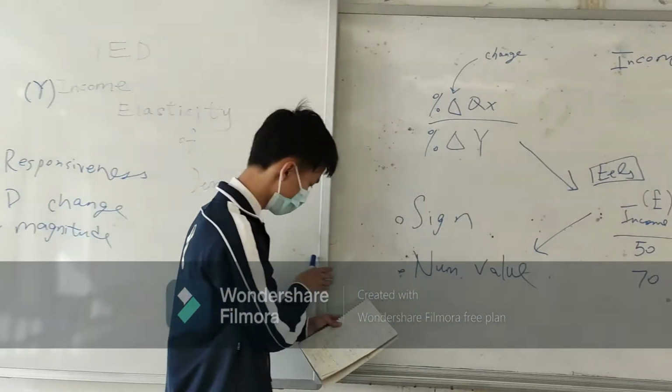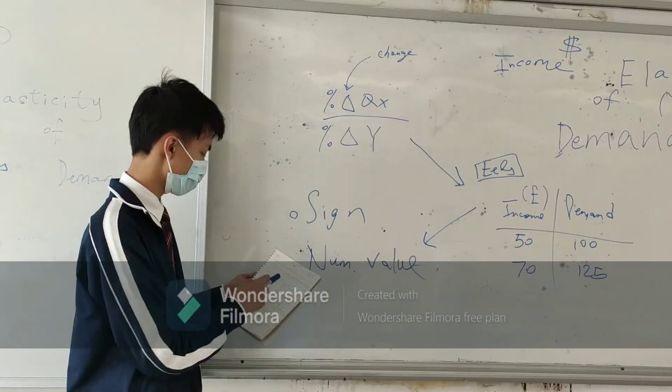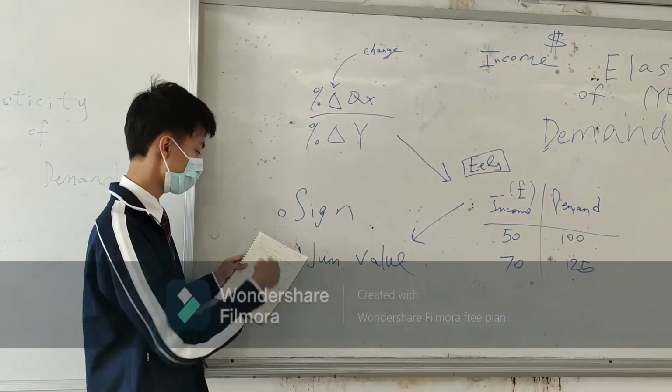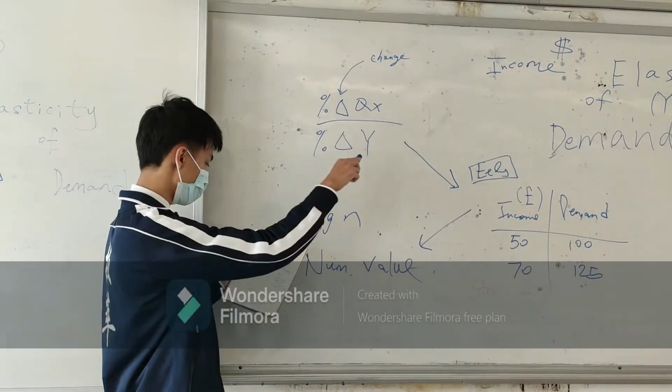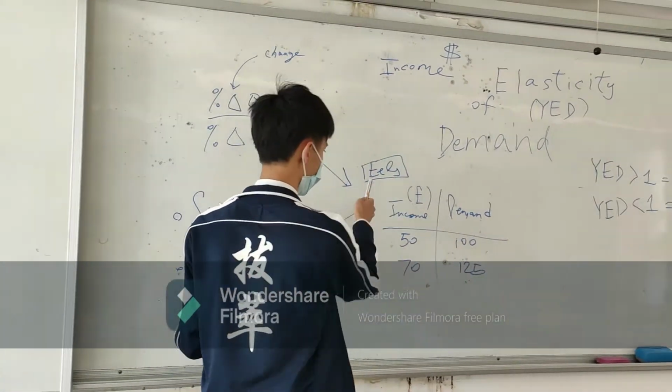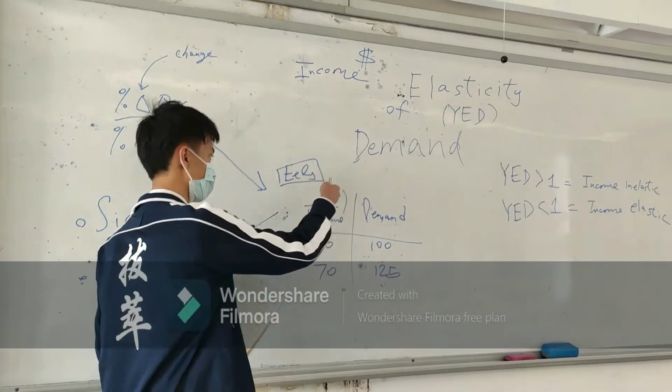Now I'll move on to the formula of YED. It's the percentage change in demand for good X over the percentage change in income, Y, where the triangle delta means change. I'll use an example of meals, which is really popular in the UK, and therefore I'll use pounds.